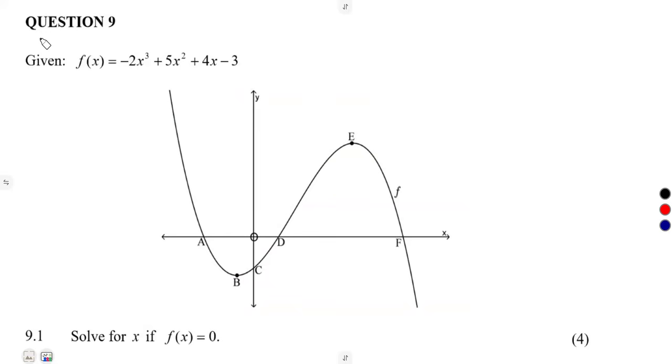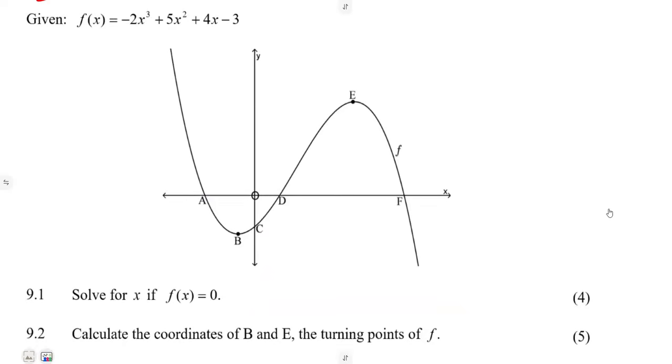Then question number 9, moving on to question number 9, where we've got our f of x. So in this case, we are given our f of x, which is minus 2x, this and that, right? Then here we are asked to solve, all right, 9.1, solve for x if f of x is equal to what? 0.